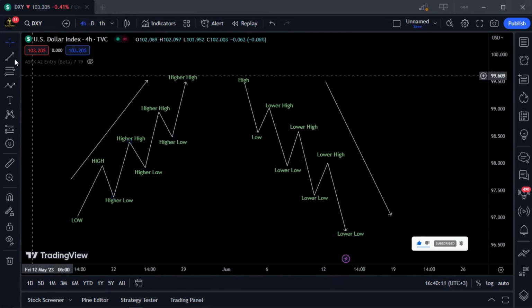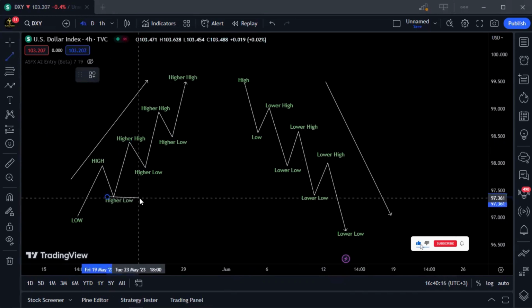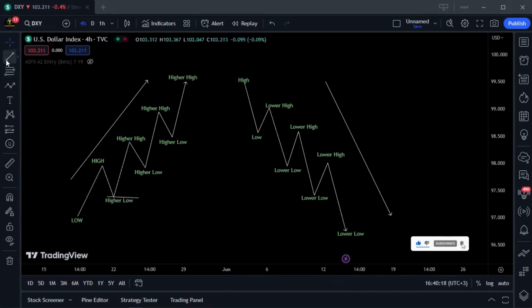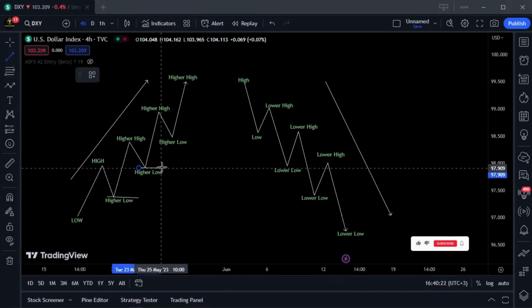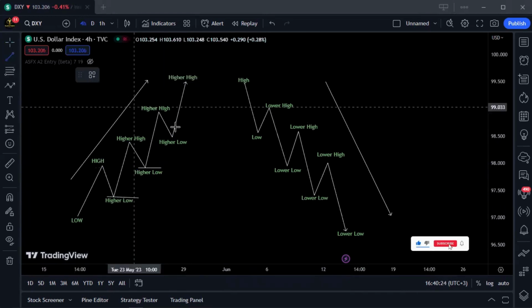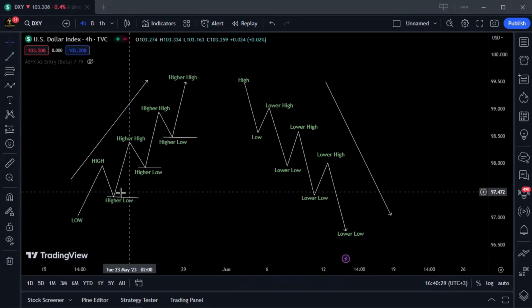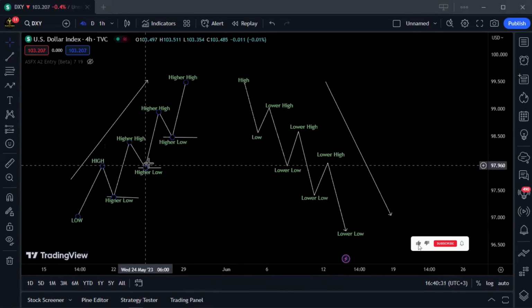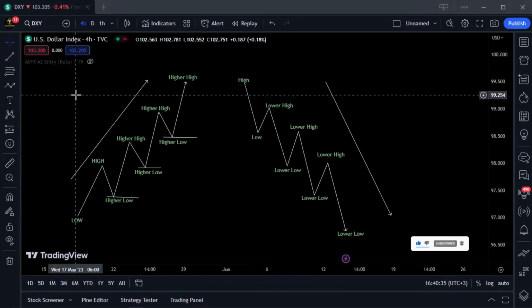That means you'll have to buy here because it's the lowest low. And then after that, your next buying opportunity will be somewhere here, and then after that, your next buying opportunity will be somewhere here, right? So you're always buying at the lowest possible point and then looking to capitalize at the highest possible points.